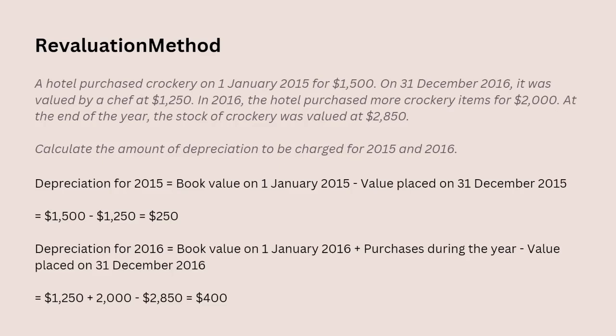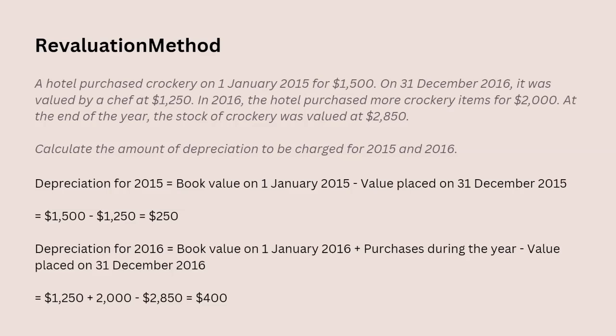You don't have to find the value of the asset because it's already given that it's 1250. We just have to calculate the amount of depreciation. So it's simple math. I'm going to take the book value on 1st January 2015 and reduce it by 31st December 2015. So it's start of the year minus end of the year. So it's 1500 minus 1250, which is 250, is the depreciation for 2015.